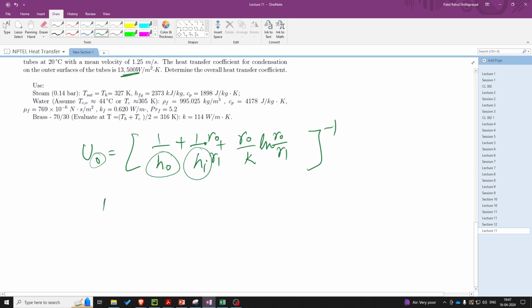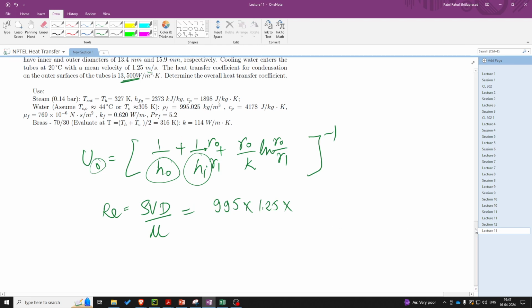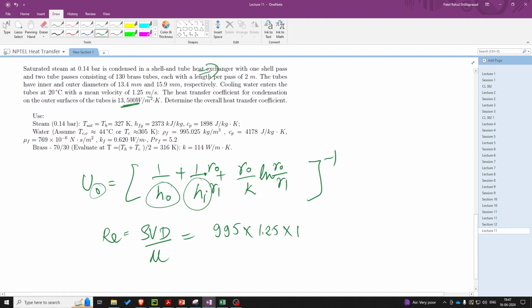So the Reynolds number for this case will become rho V d upon mu, whereby the density of the fluid is 995, the velocity of the fluid is 1.25 meter per second, the diameter is 13.4 mm, and the viscosity is 769 into 10 raised to minus 6.